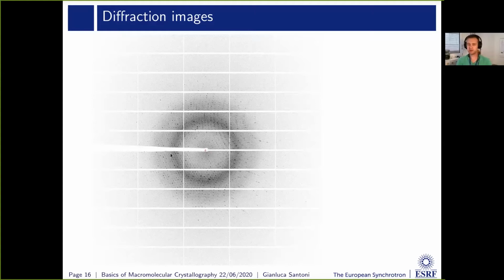Normally it's a tungsten rod. Why tungsten? Because tungsten has one of the highest atomic numbers possible for metals with which you can actually build some object. And so it's a useful metal to produce a beam stop because it will basically stop the whole incident beam. And then the blank region in between all these rectangles represent the blank region of the detectors.